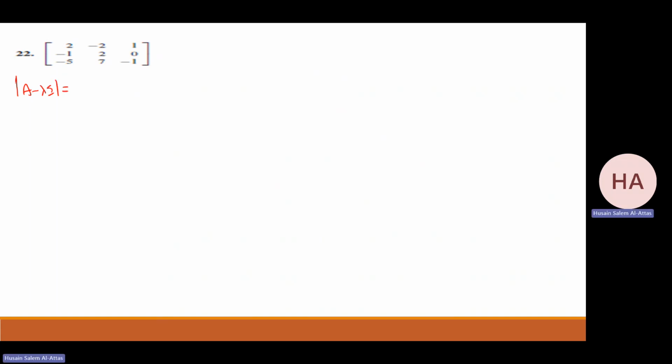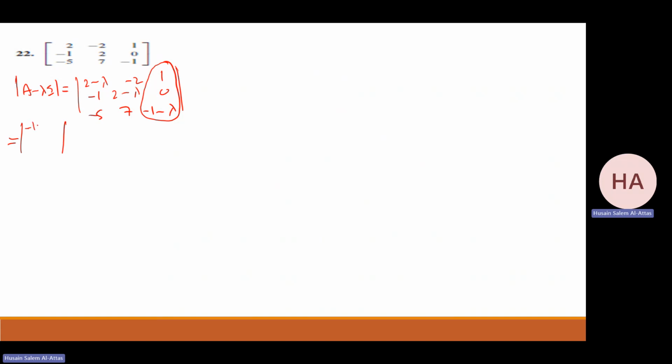That will be what? That will be 2 minus lambda, minus 2, 1; minus 1, 2 minus lambda, 0; minus 5, 7, minus 1 minus lambda. I'll do the expansion with the last column. So I have 1, and I cancel the first row and the last column.